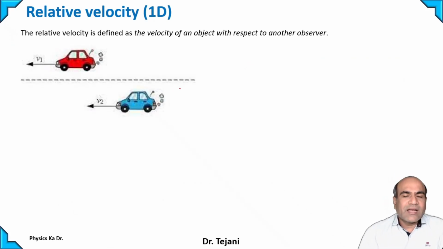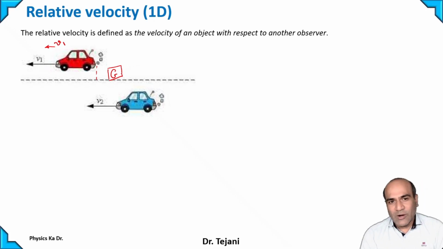Here, let us consider there are two cars. There is a red car and another is a blue car. Right? The red car is moving with velocity v1 towards the left, and this v1 is velocity with respect to ground. See, whenever we talk about any kind of velocity, majorly we compare velocity with respect to ground.